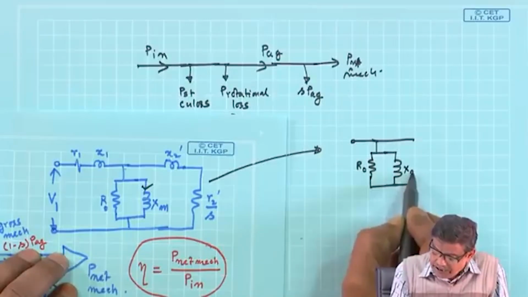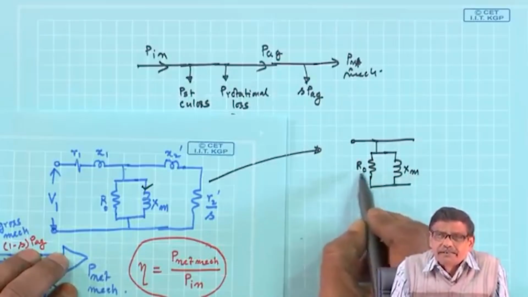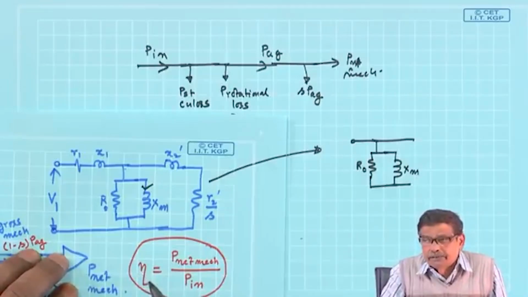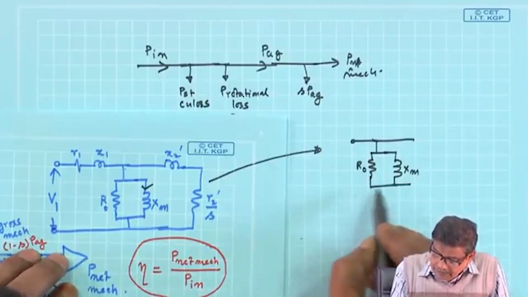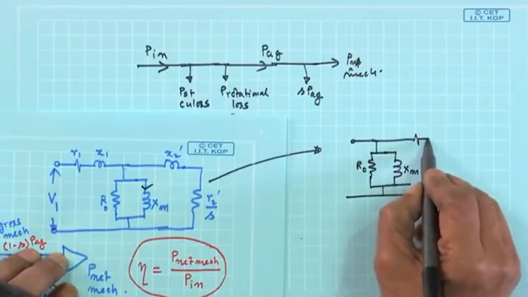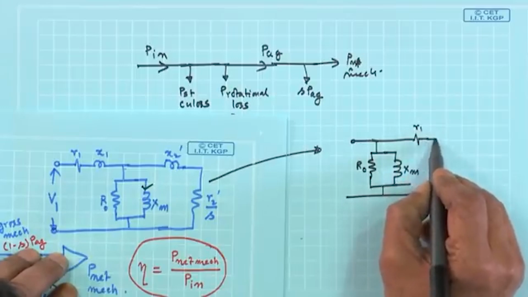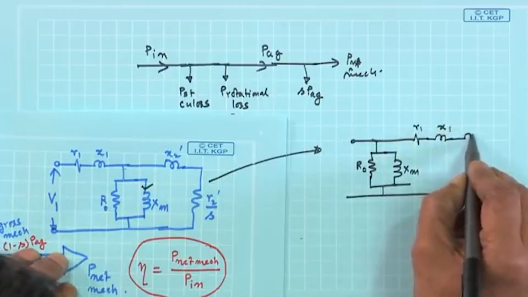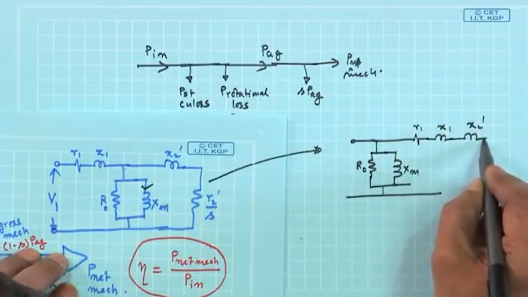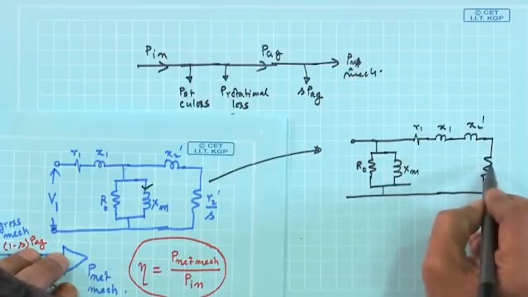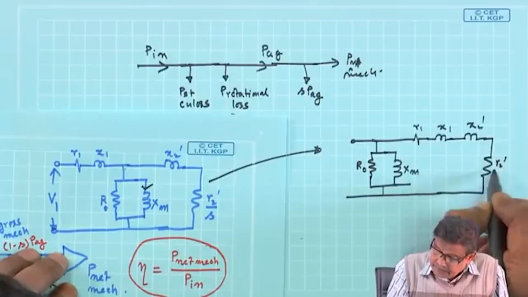R0 X0. That is why I am writing R0, not R core loss, because it will take care of the mechanical loss as well. And then you say this is R1 and this is X1. Then this is quite familiar in a transformer, and this is R2 dashed by S.